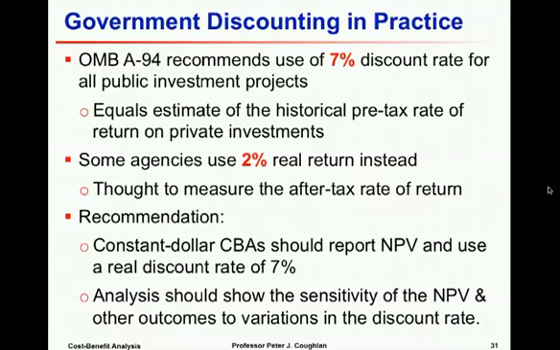In particular, if all your numbers are in constant dollars, so you already adjusted for inflation, then you should use a real discount rate of 7%. That's a real discount rate, not a nominal discount rate. So that's the rate you use after you already adjust for inflation. Now, that said, you should probably point out what if the discount rate was higher or lower, if it has a big effect.